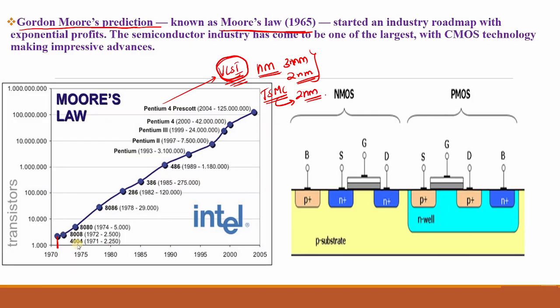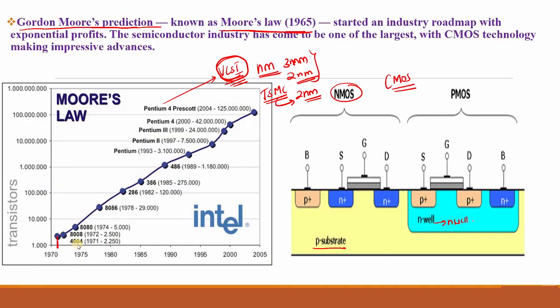This is basically my CMOS circuit. In the fab we will discuss. This is basically a P substrate. In the P substrate, we can fabricate NMOS, that is N plus and N plus, and this is the body, fabricated with P plus. Again, one more well is there, that is the N well.